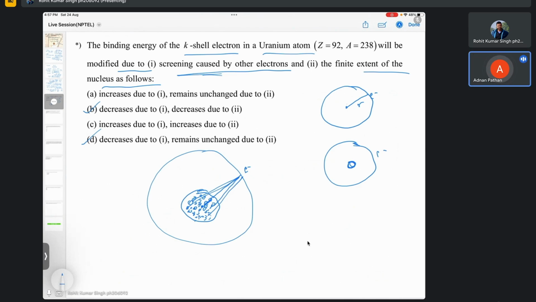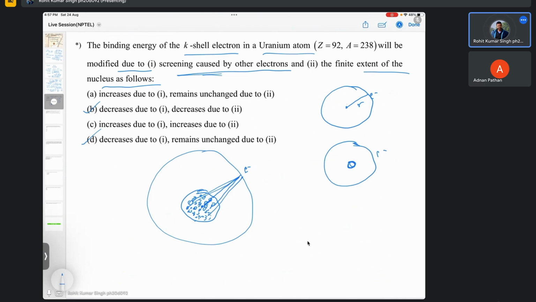Also, we can discuss, if we assume an electron at a uniform distance from the nucleus, no matter which nucleus we are talking about, a bigger nucleus will have more effect on the same electron in that particular orbit than a smaller nucleus. So the binding energy must increase with the increase in the size of the nucleus.